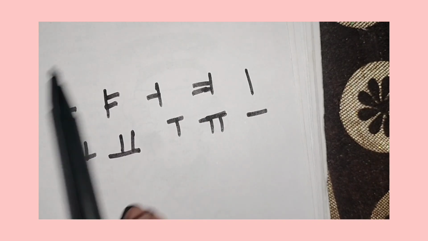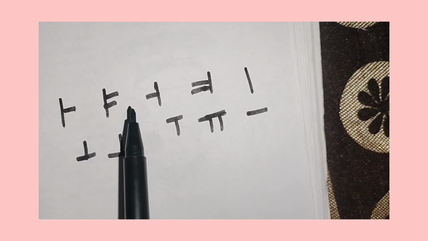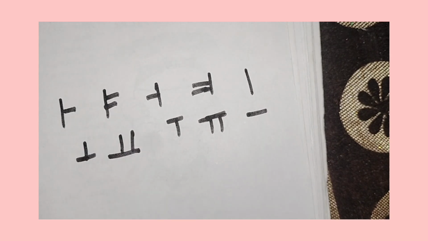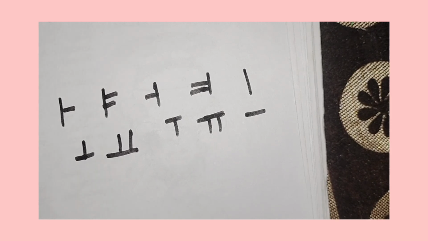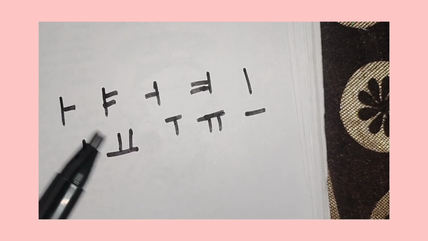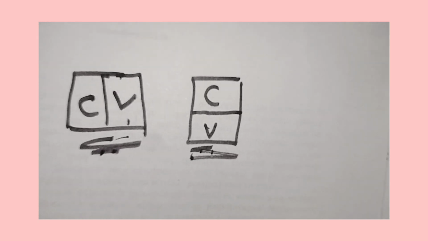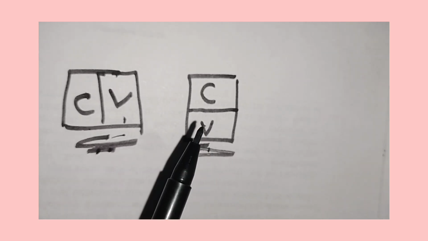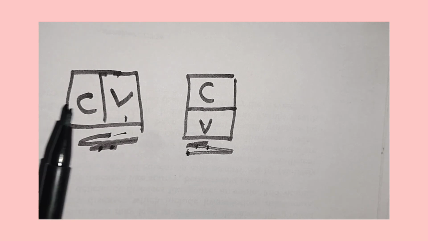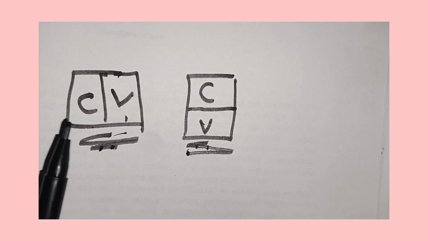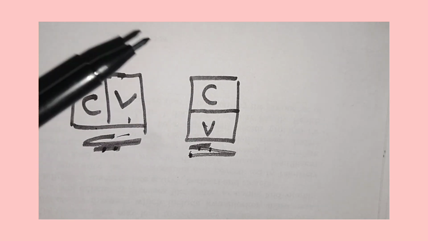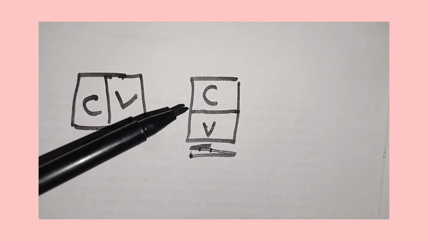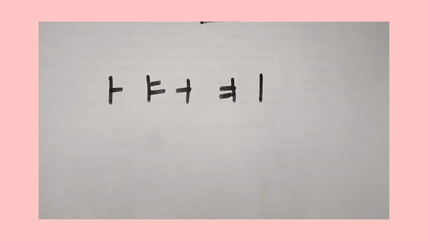The vowels in the first line go after the consonant. The vowels in the second line go under the consonant. Sorry for the first mistake. Okay, understand? So you have two options. First, you put the consonant and vowel side by side. Second, you put the consonant on top and the vowel under the consonant. So let's start with these vowels first.